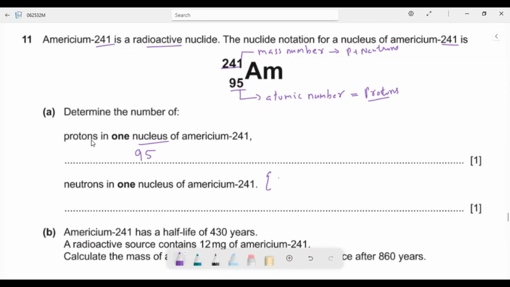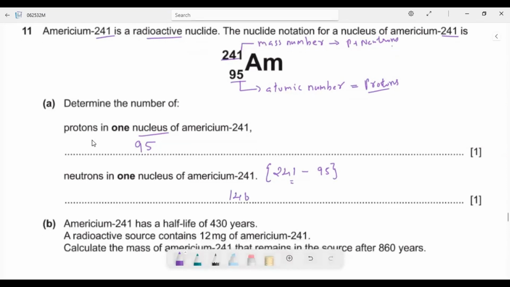So total it is 241. So we need to find the number of neutrons. We can subtract mass number minus atomic number, or number of protons, which will give the number of neutrons. So 241 minus 95, that is 146 is the number of neutrons.